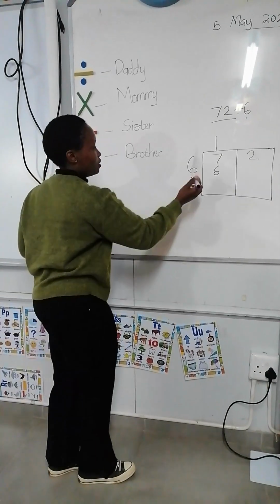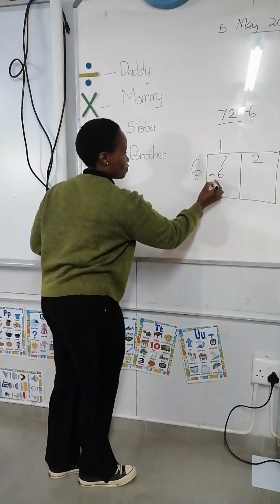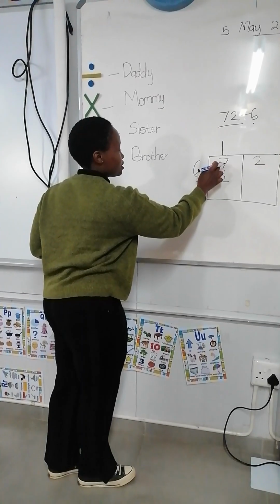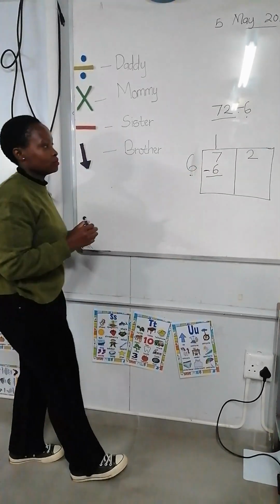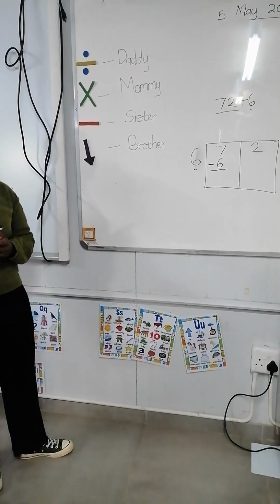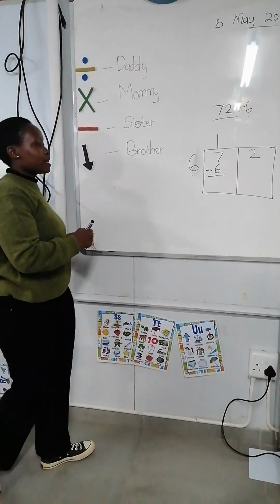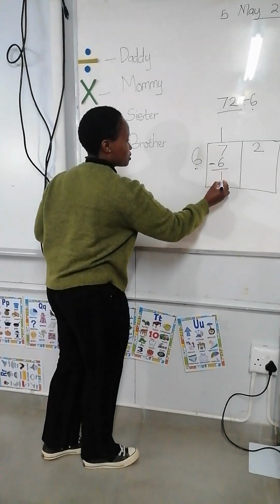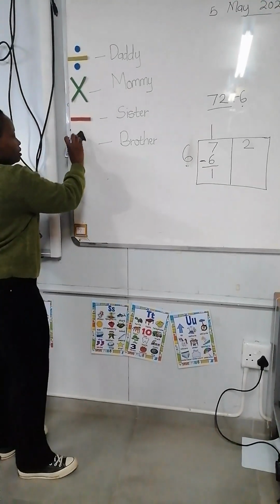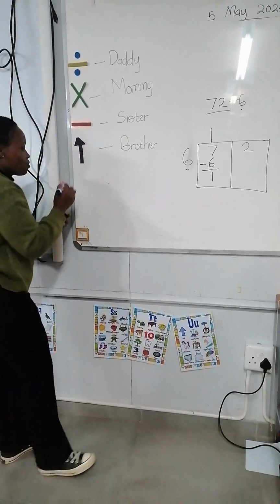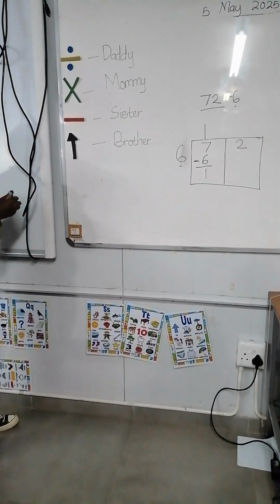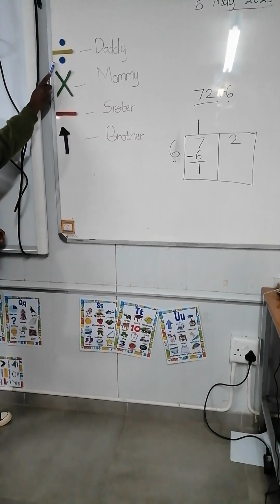We are separating now. So we are subtracting 7 minus 6. What is 7 minus 6? 1. 7 minus 6 is 1. And now what is our next step?